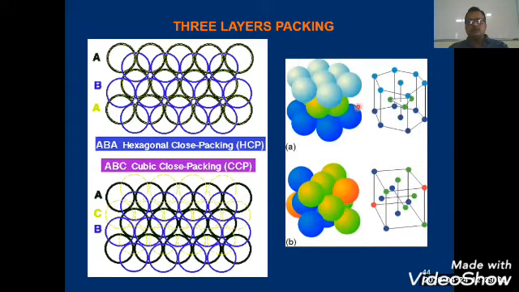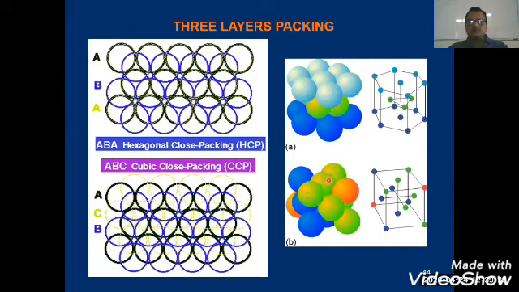So if you are having a hexagonal close packing, you will get a hexagonal unit cell, and if you are having a cubic close packing, also known as ABC type, then you will get FCC units. So this is an FCC unit cell. These are the units 1, 2, 3, 4 at the four corners.